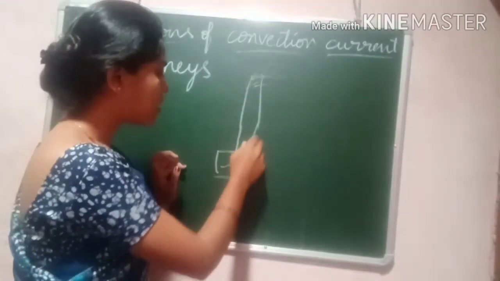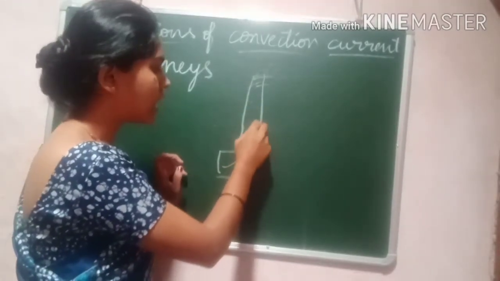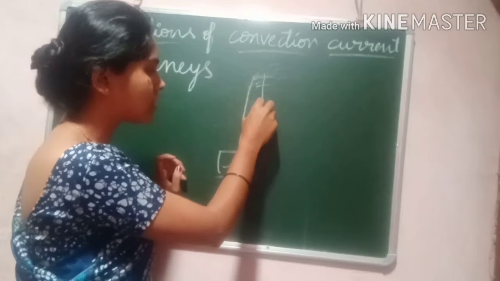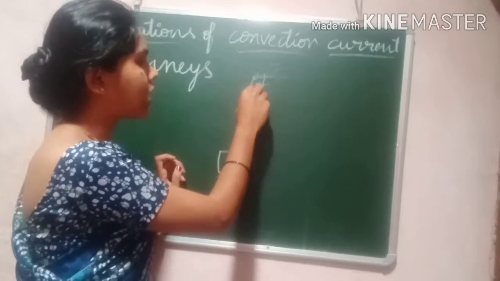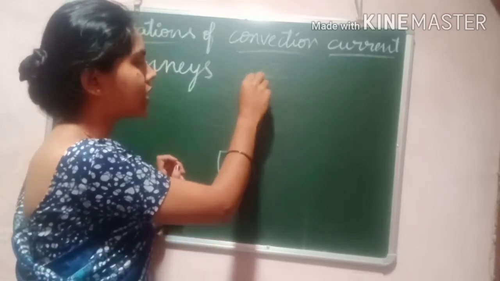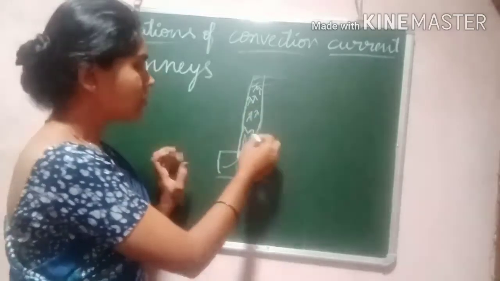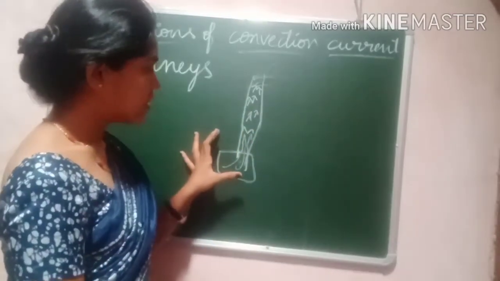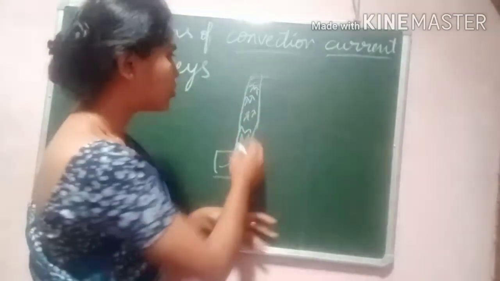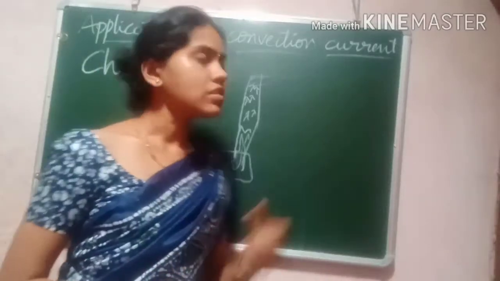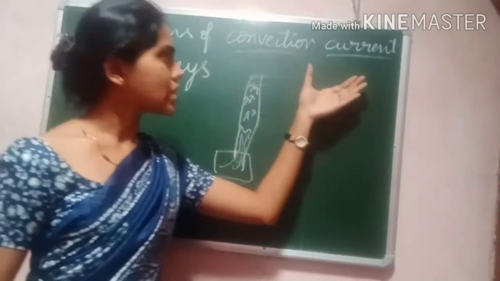This is how, because of the expansion of the hot gas particles, the unwanted smoke and gas particles are removed through chimneys. This is one application of convection current.